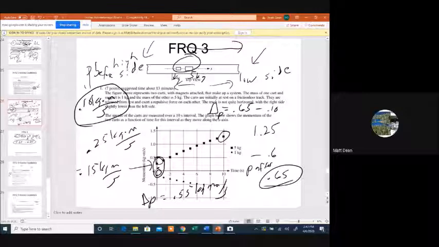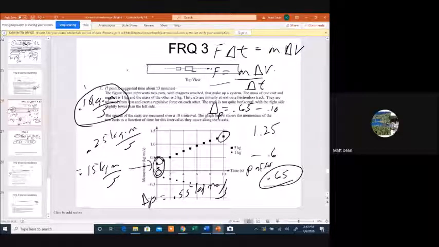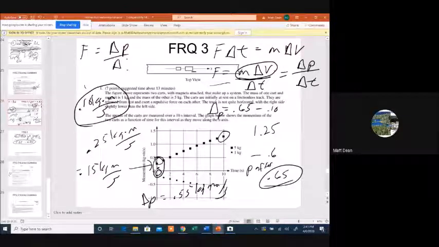That change in momentum is caused by an impulse. So to get our answer here, we can say F delta T equals M delta V. We're trying to find the force, so let's divide both sides by delta T and get F equals M delta V over delta T. Remember, M times delta V is a change in momentum, so we could also write that as delta P over delta T. So F equals delta P over delta T. Our change in momentum was 0.55, and that happened over 10 seconds.